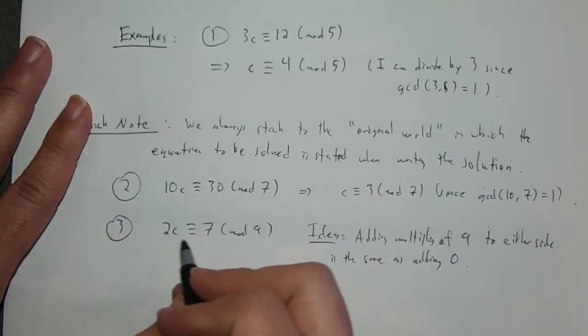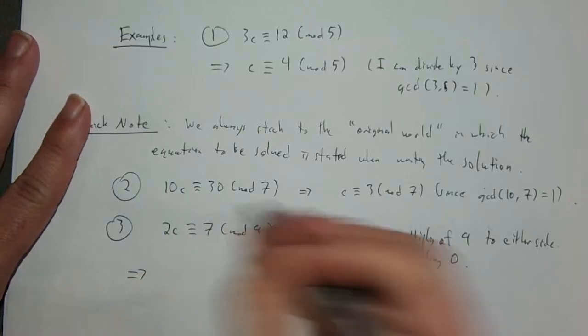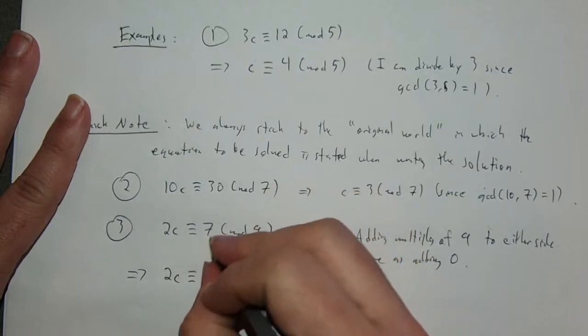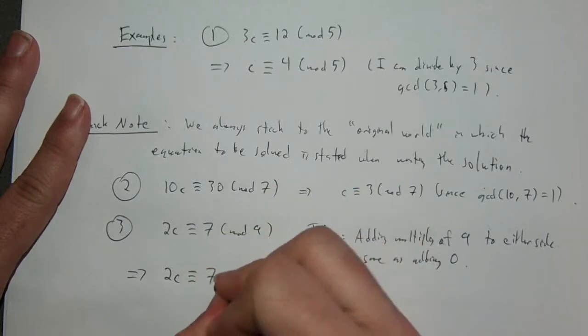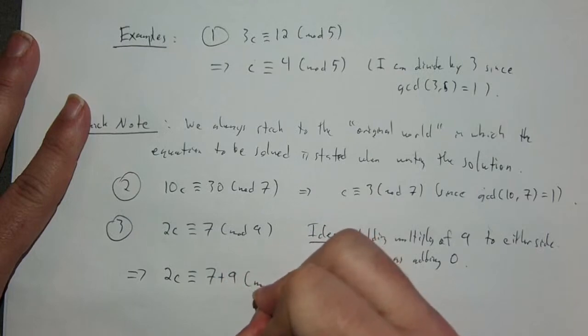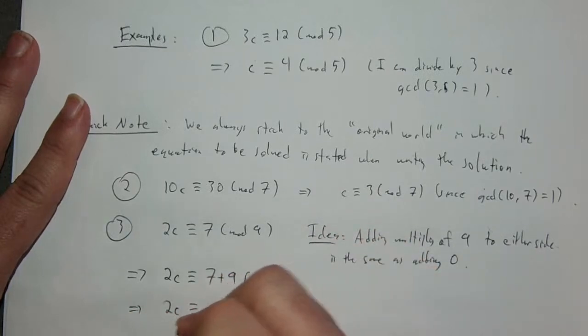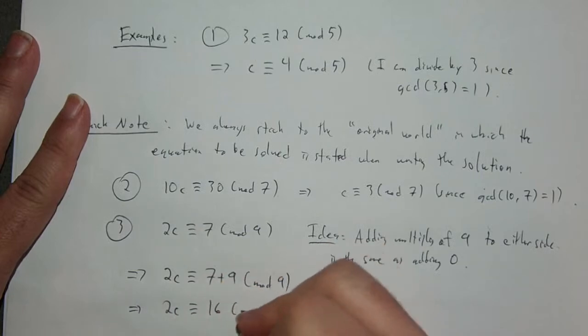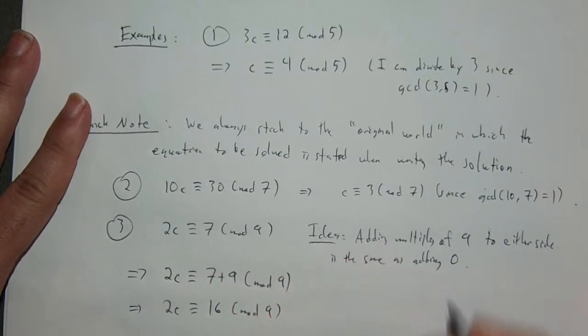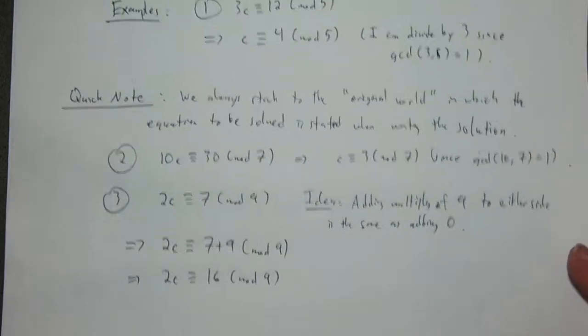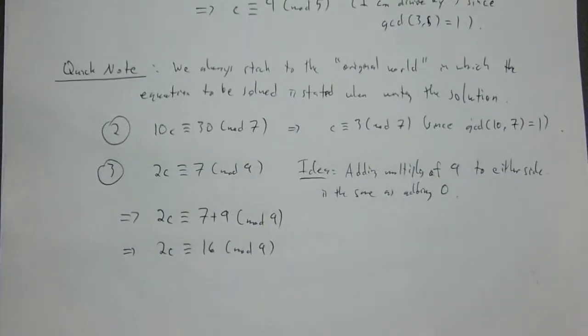And so 2c is congruent to 7 mod 9 implies, for instance, that 2c is congruent to 7 plus 9 mod 9. So actually 2c is congruent to 16 mod 9. Okay, so now we have something that makes sense to divide by 2.